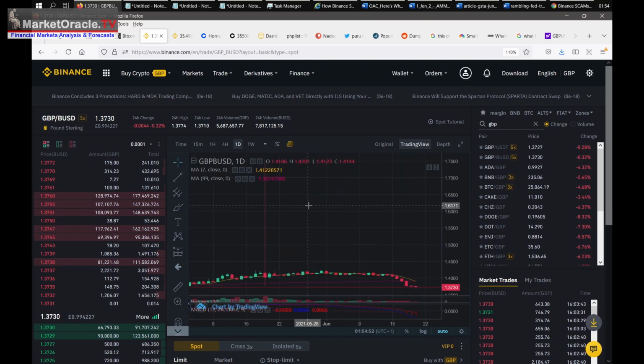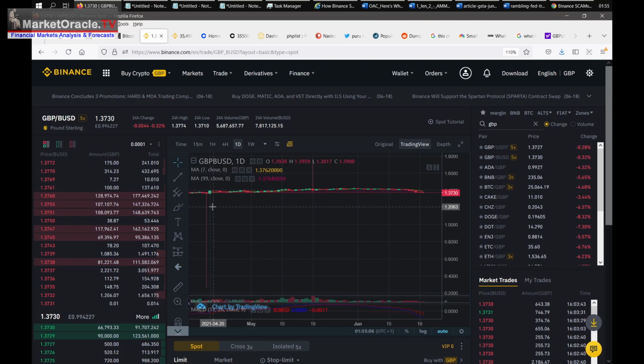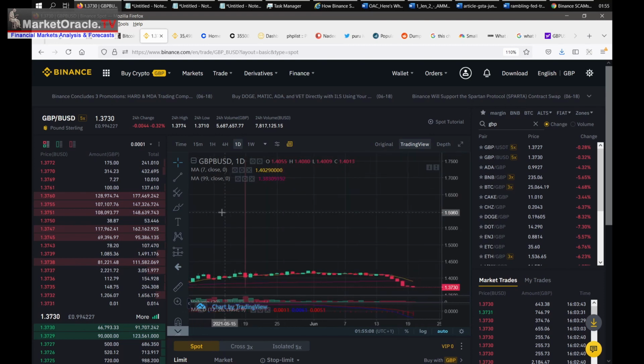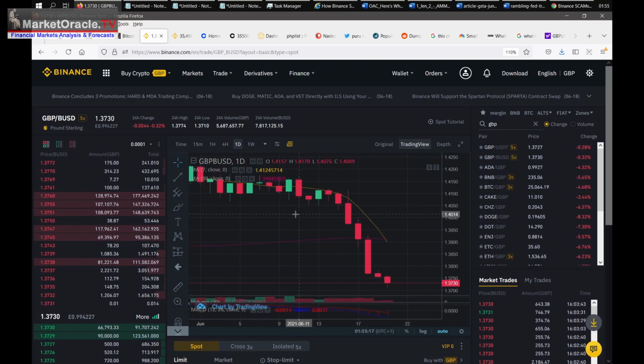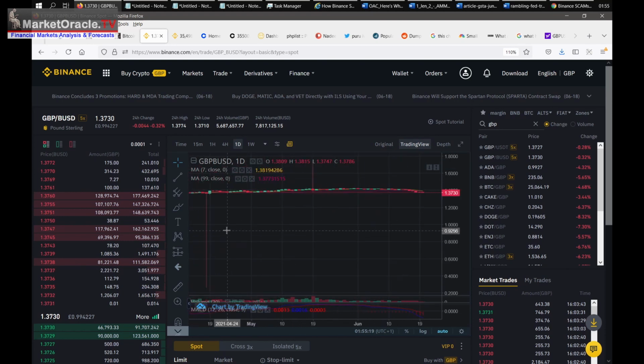So say if you're short the pound, you shorted the pound and you put your stop there. Well, along comes the leverage tactics to stop you out. Same here. If you're long, if you bought the pound, well, I would not trade with stops with Binance because of these bad tactics they've got.